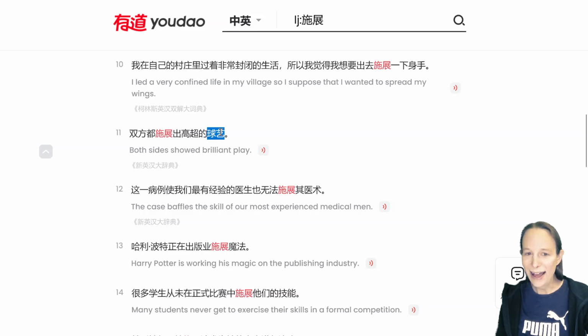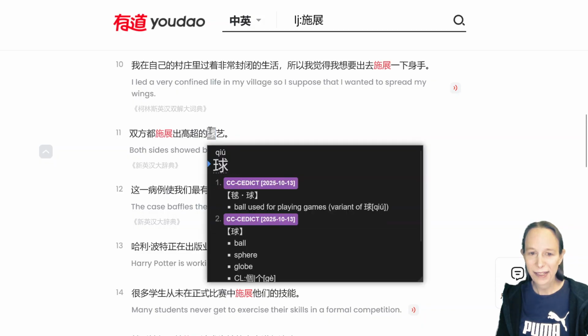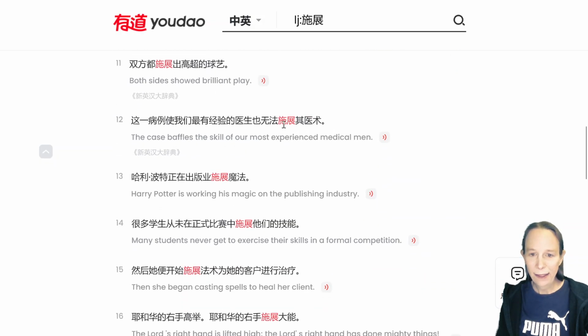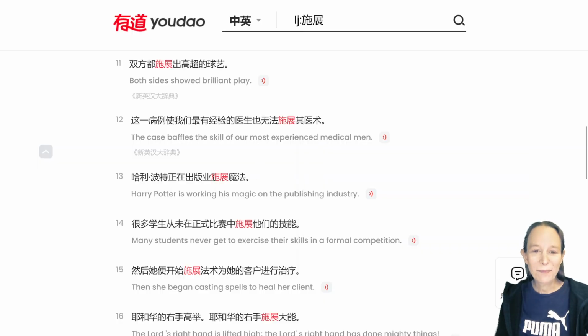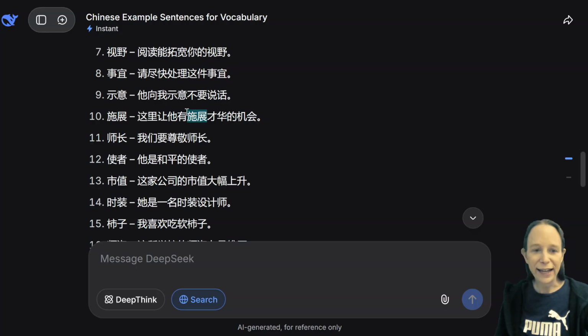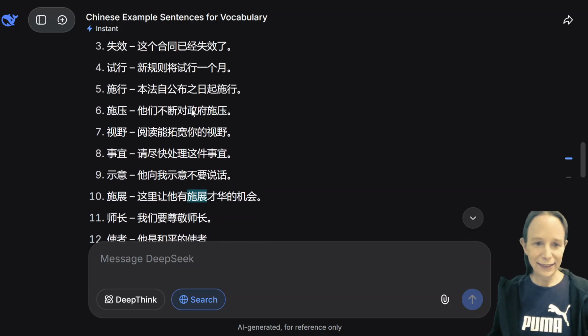So ball art. Presumably this is like ball play or like exceptional football skills or something like this. 施展其医术. Yeah, so medical expertise or something in that ballpark. Oh wow, literally that ballpark. All right. 施展.